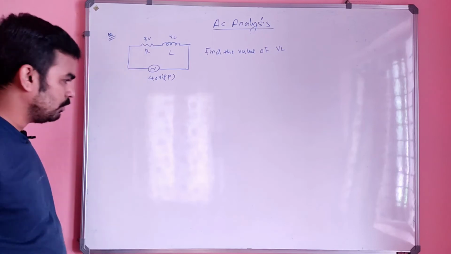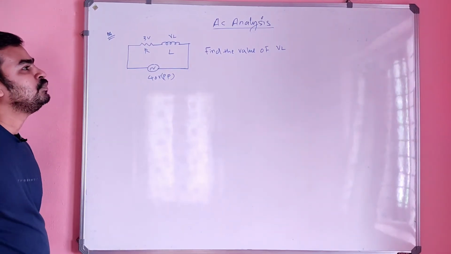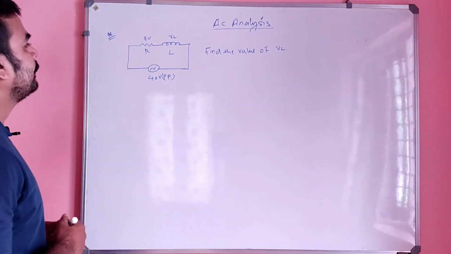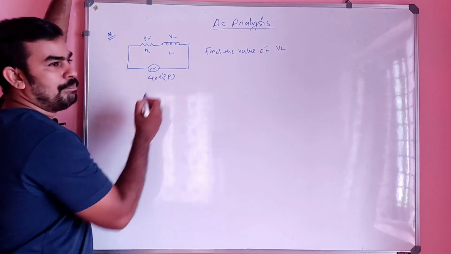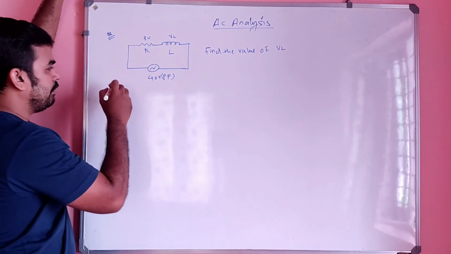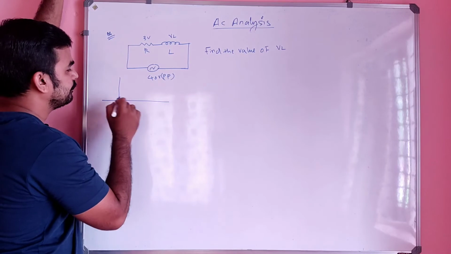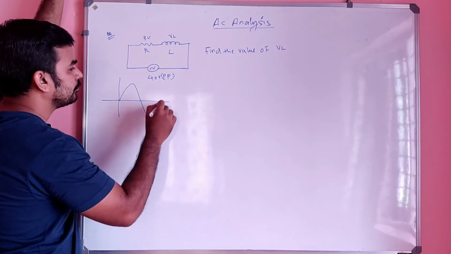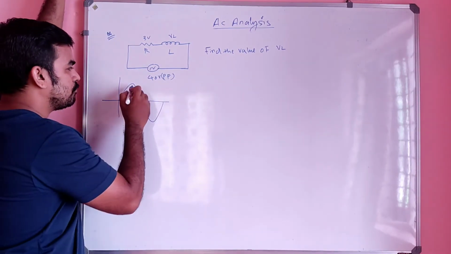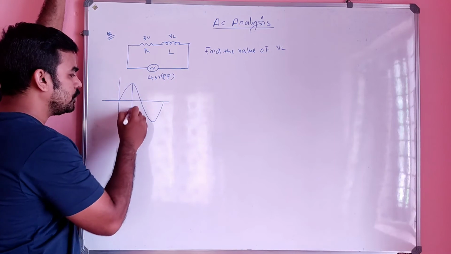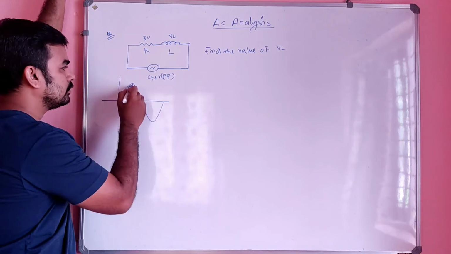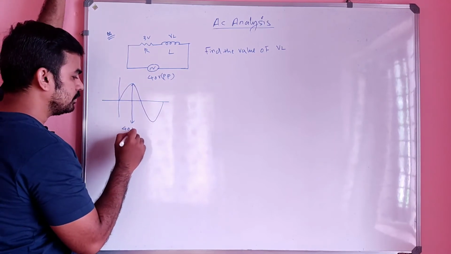Okay, how can we solve? See, 40 volt peak to peak means this is the waveform, right? So 40 volt peak to peak means here to here. It is 40 volt.